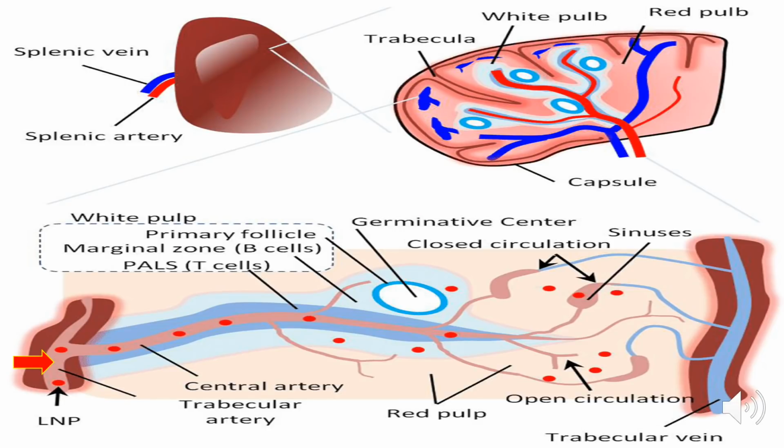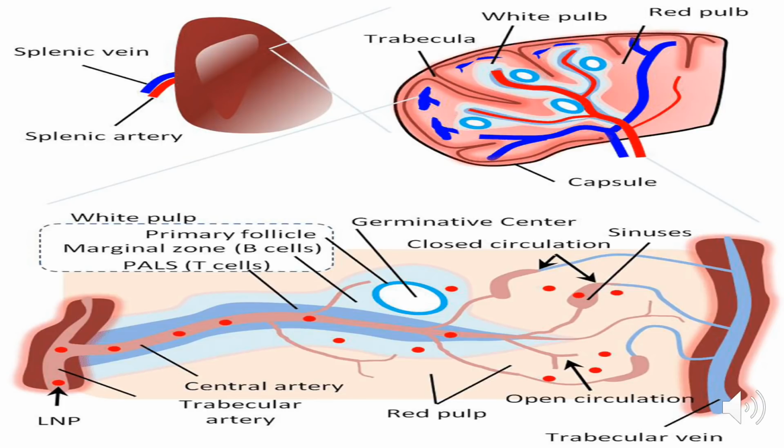This is one of the trabecular arteries. It will send branches that will go out of the trabecula and will be surrounded by the periarterial sheath, and that is now the central artery. The central artery will course through the white pulps and eventually will give rise to the penicillar arteries. Penicillar arteries will form small capillaries.